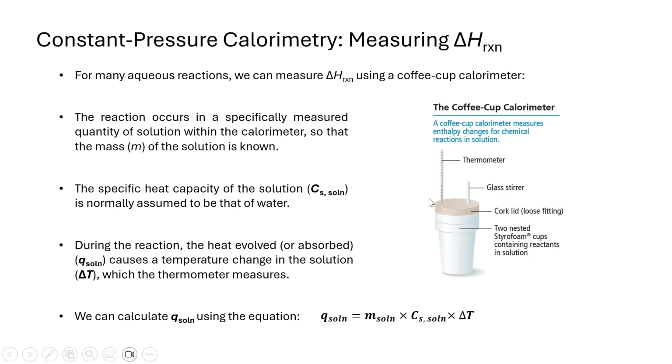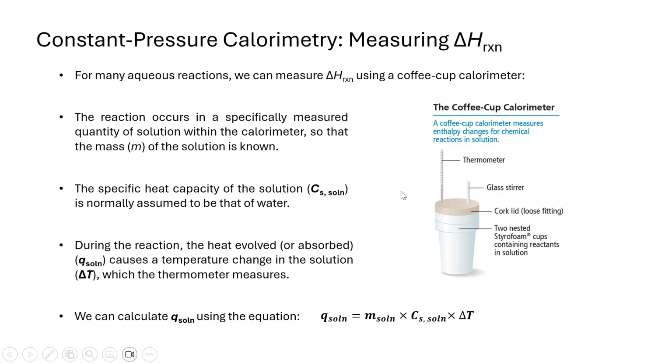This is all happening at constant pressure, and that's how we can measure the delta H of a reaction. It's a lot simpler setup than a bomb calorimeter, which is way more complicated. You need a tightly sealed container, the so-called bomb. But in this case, nothing's really all that sealed.